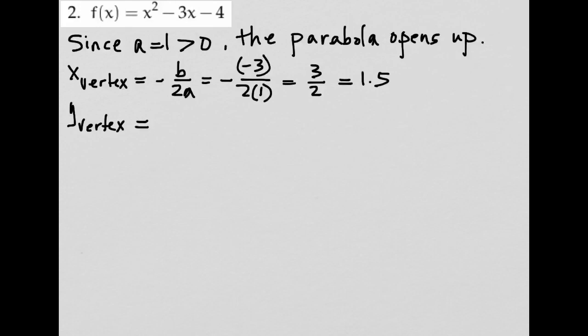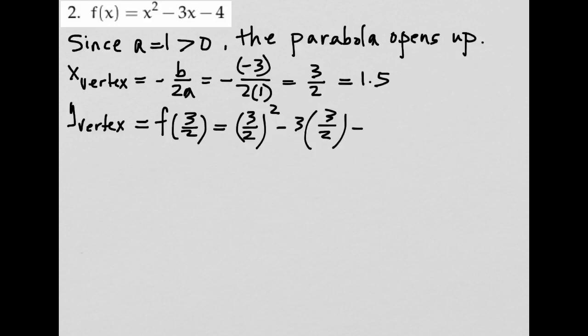The y value of the vertex is equal to f of minus b over 2a, that's f of 3 over 2, which is equal to 3 over 2 squared, minus 3 times 3 over 2, minus 4.